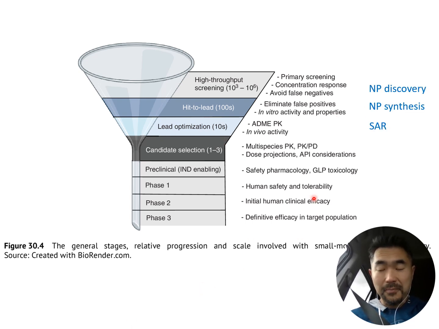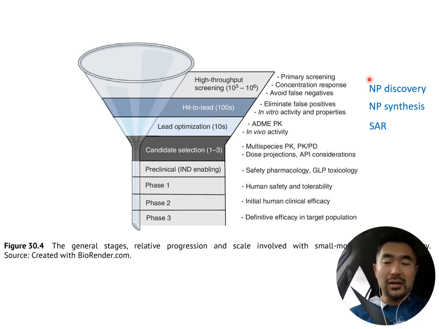And let's see, for the type of work that we do, your product discovery, synthesis, and then structure-activity relationship. That last one, structure-activity relationship studies, like the typical medicinal chemistry work that people actually do.